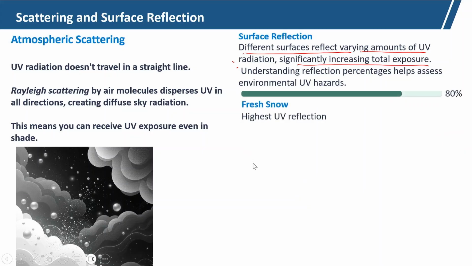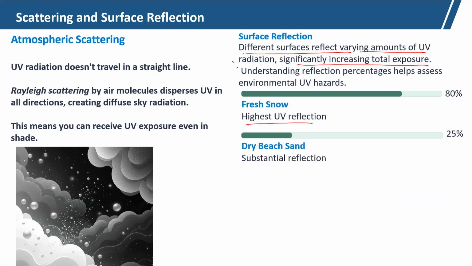We must understand the reflection level. Fresh snow has the highest reflection, it is white. It is about 80% reflection.